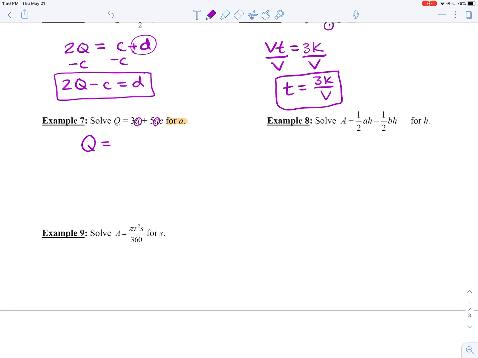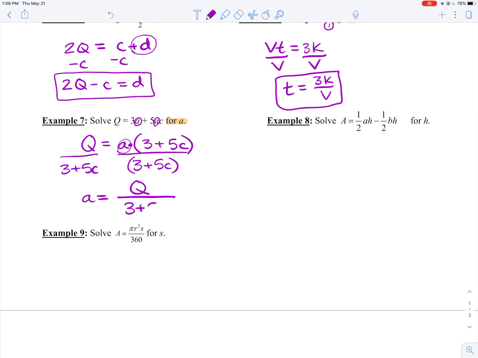So I'm going to factor out an A, and what's left after I factor it out or divide it out of each term, I'm going to put A in front, 3 plus 5C will be left over. And now, because I want to get A by itself, this is just being multiplied. So I'm going to divide by the whole sum of 3 plus 5C. And so we get A equals big Q divided by 3 plus 5C.